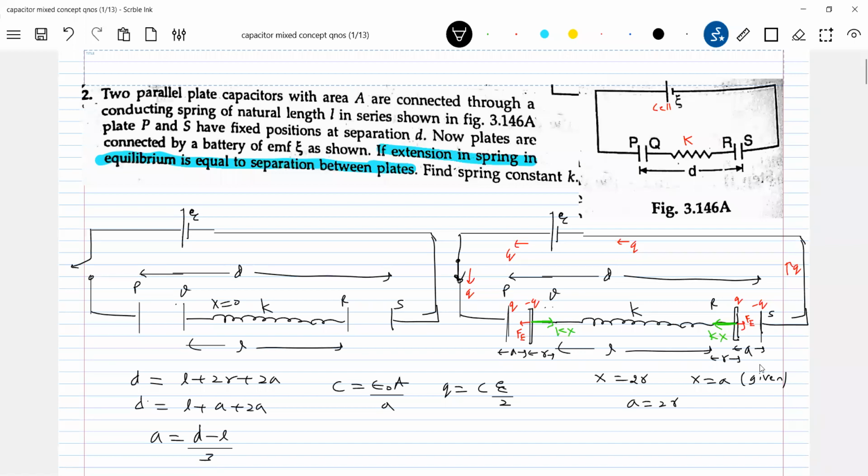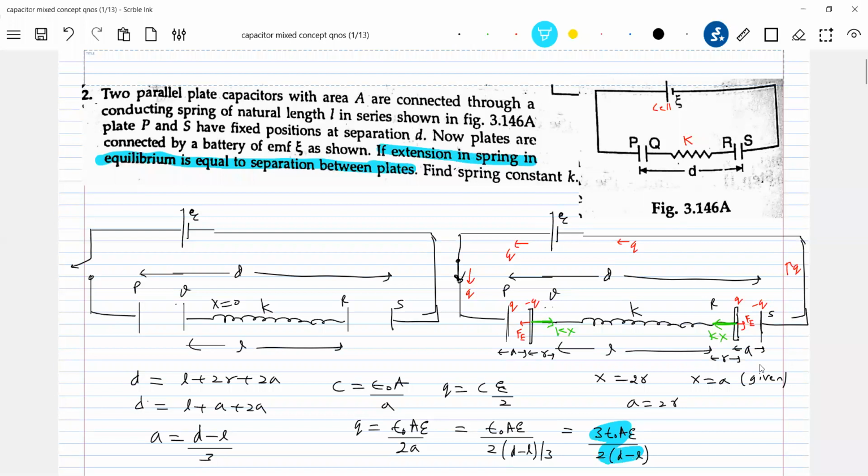Substituting, Q is equal to epsilon naught A E by 2. And the value of A is (D minus L) by 3, so Q is equal to epsilon naught A E divided by 2, with A as (D minus L) by 3. This is the expression for the charge.